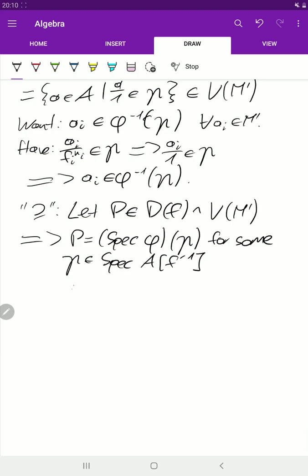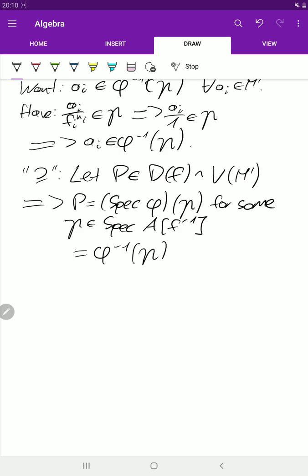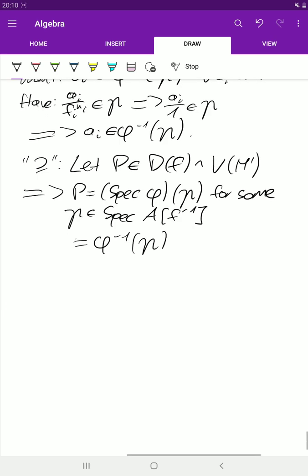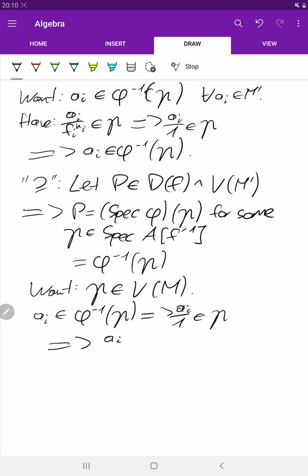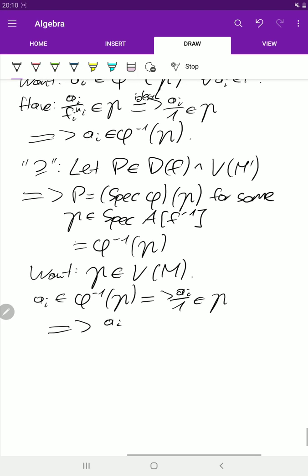And what we want to show is that this P is actually in V(M). Now we have a_i is in phi inverse of P, so we get that a_i over 1 is in P for all a_i. And by being an ideal, we get that a_i over f to the n_i is in P. And this means that P is in V(M).